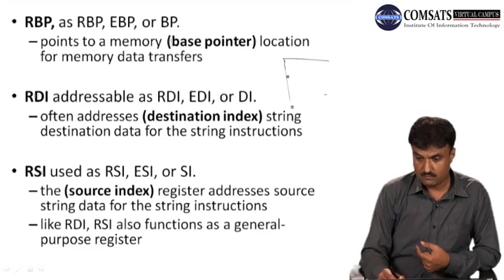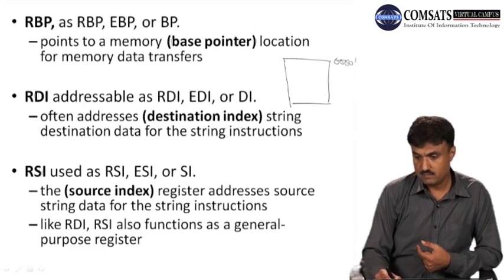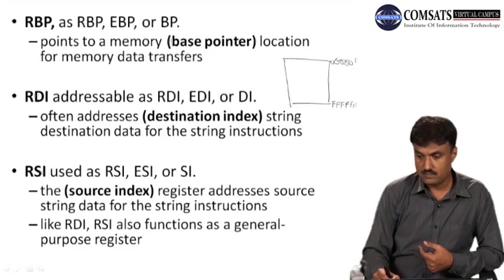we have a memory location from here to here. It starts from 000 hexadecimal, and then we have F, all this. So we divide this whole memory into different segments. For example, this is the starting point of the data segment.